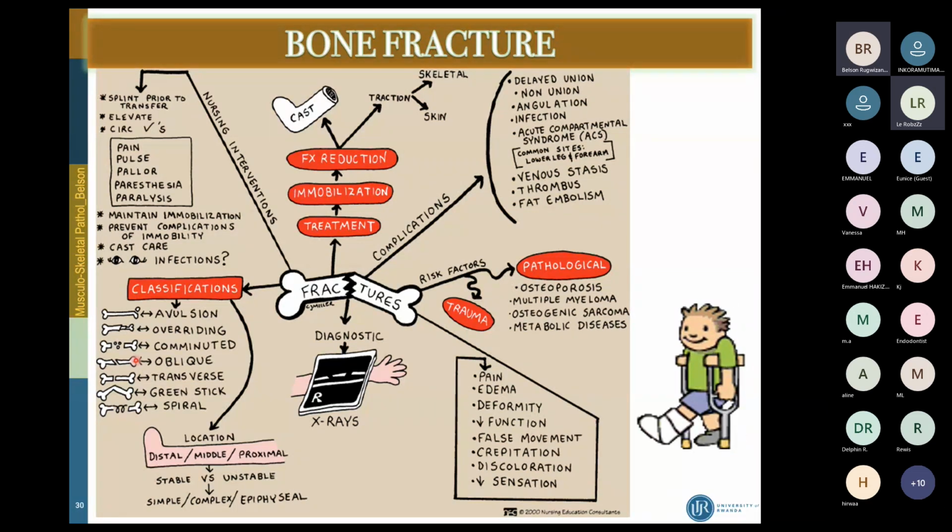Hari oblique, transverse, green stick ni igiti kibisi, iyo giciyemo ntabwo gihita gitandukanye. So harimo fracture ariko bone fragments zatandukanye. So rero ntabwo wayirekera, ugomba kuyigorora, and spiral and so on. So it can be distal, middle, proximal, just around the epiphysis, around the diaphysis and so on.